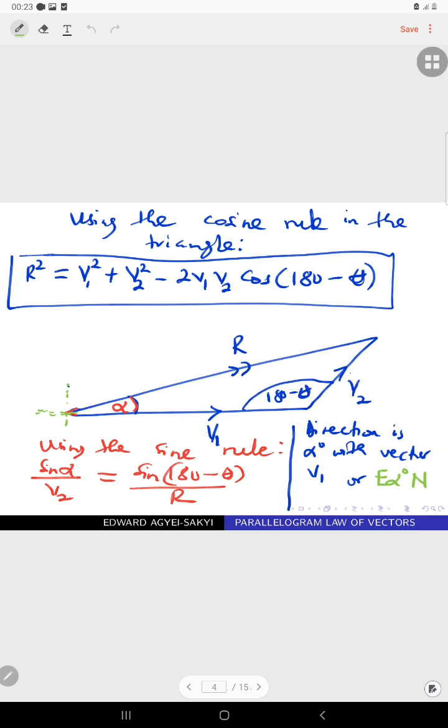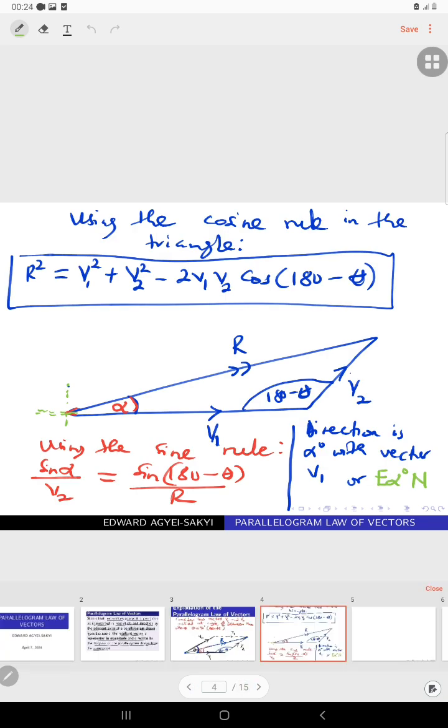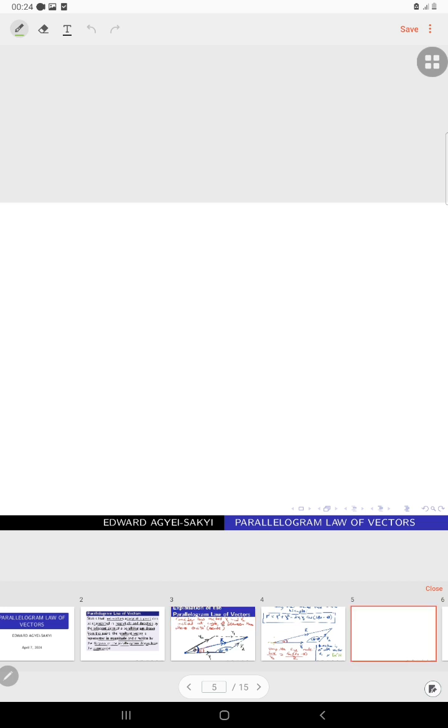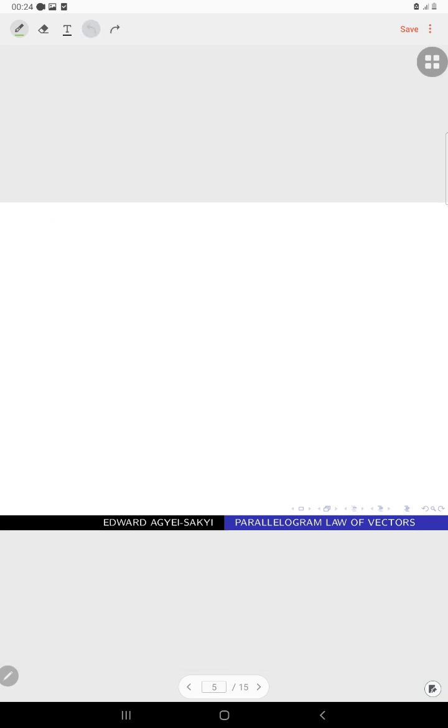Now let's look at the case where they are not pointing away. Check the diagram. We made it point away. What about if they are pointing towards each other? If V1 and V2 are pointing towards, somebody can also draw the vector diagram this way. Don't forget, theta is still acute.